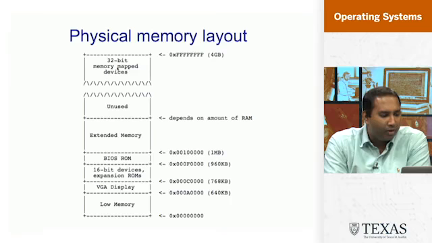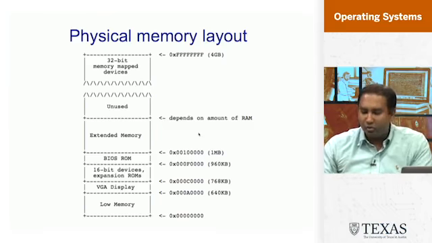In this particular picture is where your stack would be for your program. So let me switch to the iPad, and I will draw out what a stack looks like.